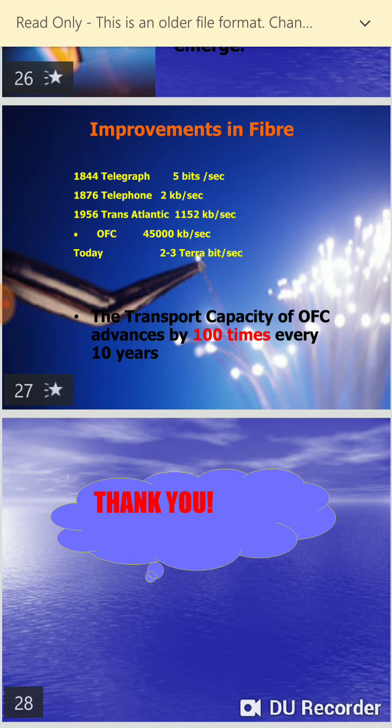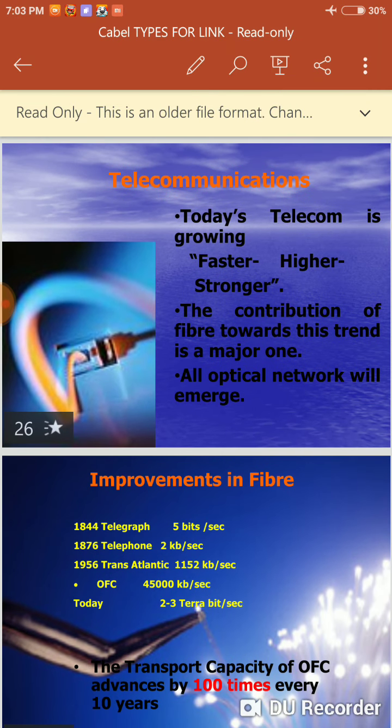In this session we have seen the basic points related to optical fiber cable, how the optical fiber works, how the light is transmitted through the core and does not enter into the cladding. This process is called total internal reflection.